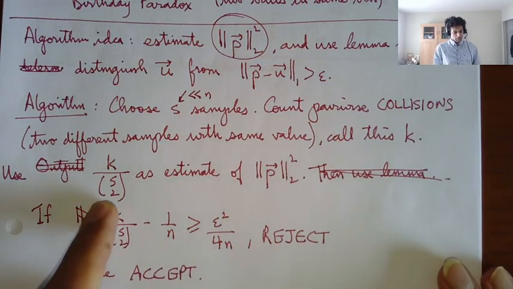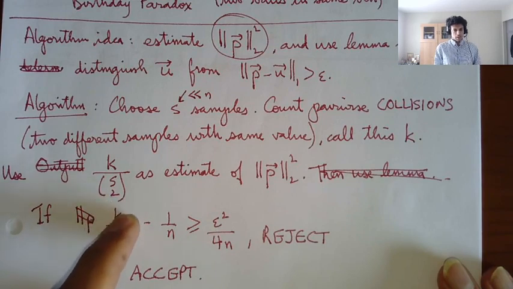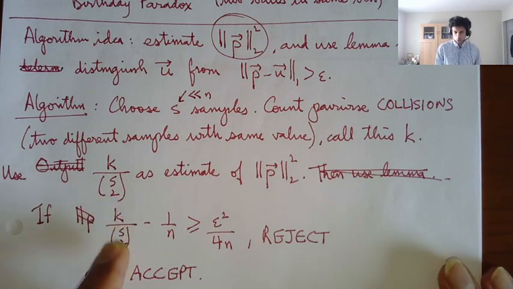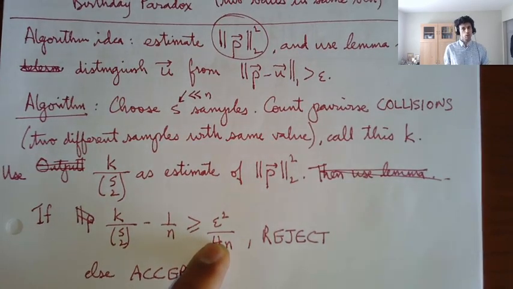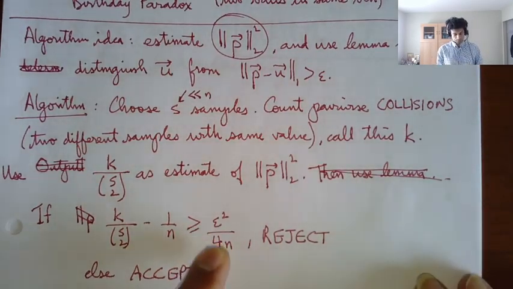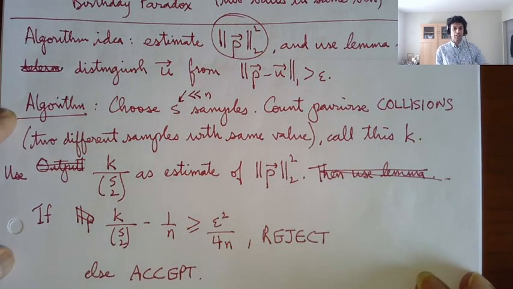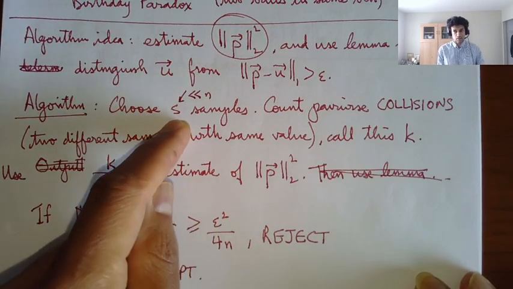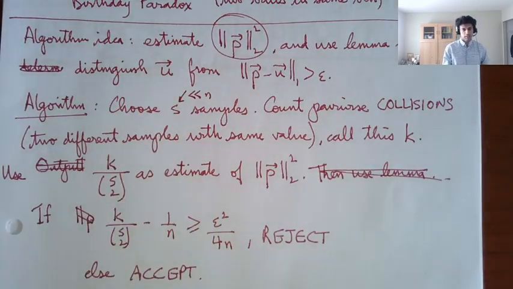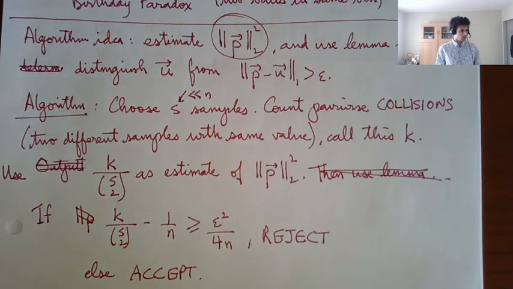In this case, its estimate for the 2 norm squared is more than 1 over n plus epsilon square over n times some constant, and so it's going to reject. Otherwise, it's going to accept. This is the entire algorithm. And so the key is to figure out what choice of S is required for this algorithm to work. Okay, any questions about this?